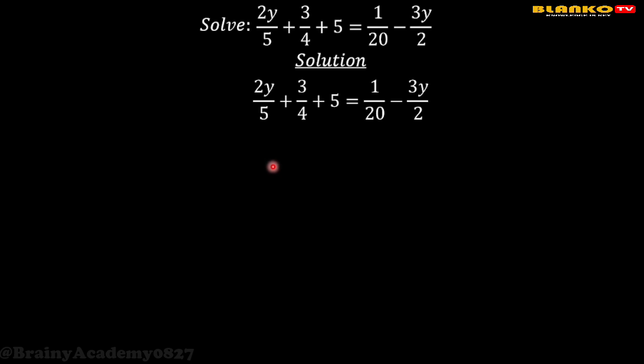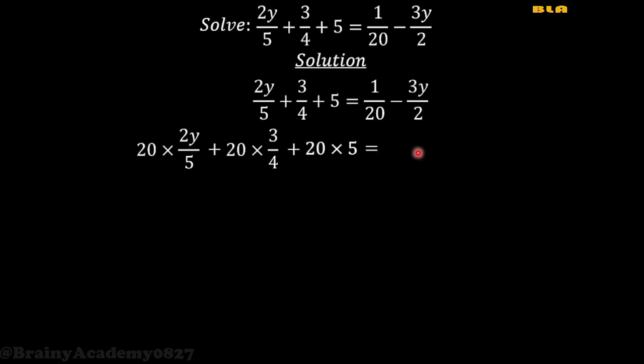So what we are going to do first is to multiply through by the LCM, which is 20. Okay, so we are going to get something like 20 times 2y over 5 plus 20 times 3 over 4 plus 20 times 5 equals 20 times 1 over 20 minus 20 times 3y over 2.